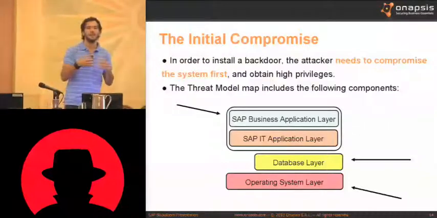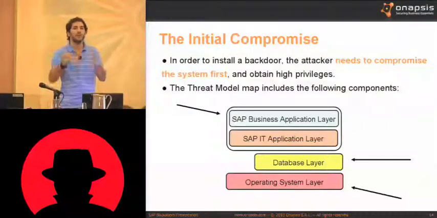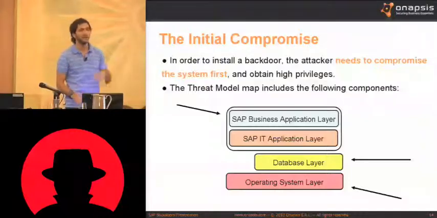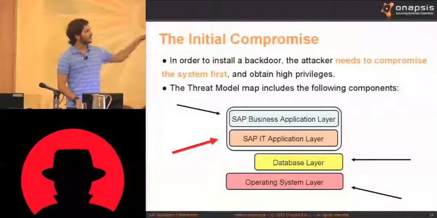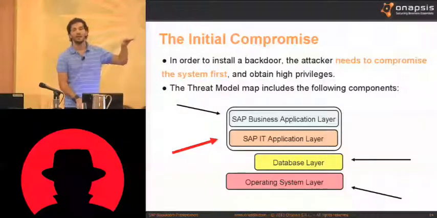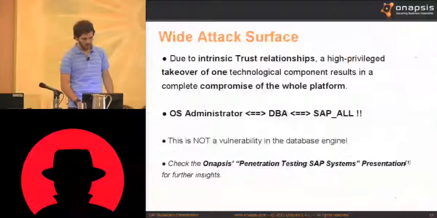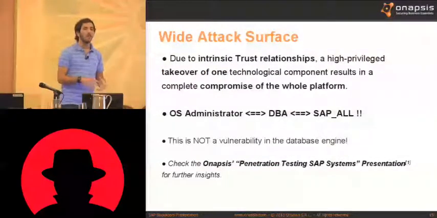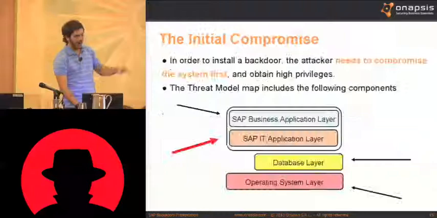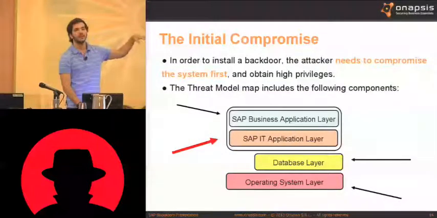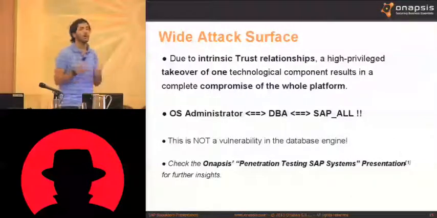He's a user of the system with a wide profile, so he can do more things than he should, and then he's able to get control of the system. Or he can directly attack the SAP technological layer. That is pretty much what we are working on. What you should know is that no matter which of these layers the attacker compromises, he will be able to compromise the whole platform.